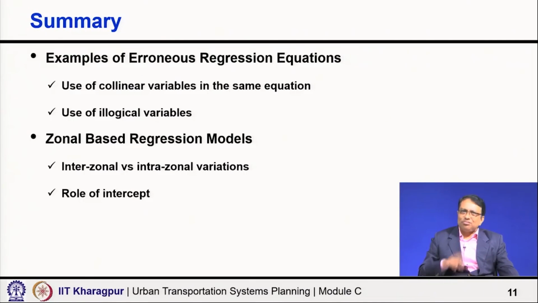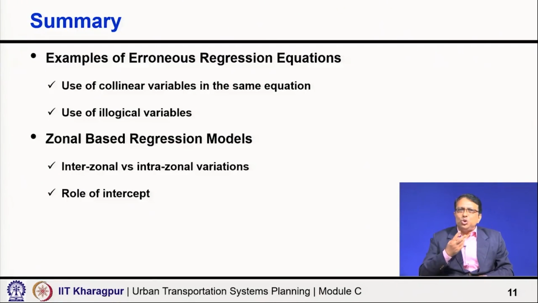So that brings the end. What we discussed here, we continued with the previous example. Here we also gave some new examples regarding the regression equations, and we explained with one example how collinear variables should not be used in the model, and also why it is important to check the logical inclusion of the variables.